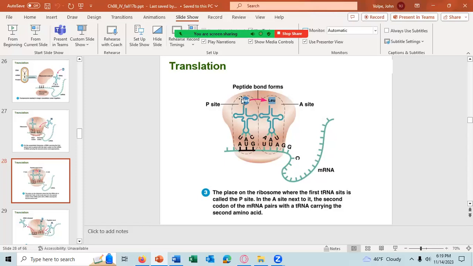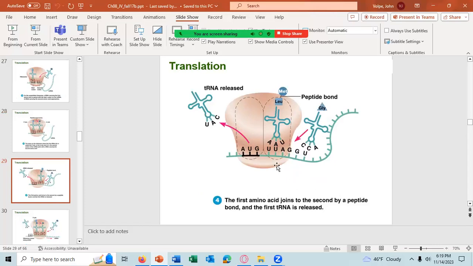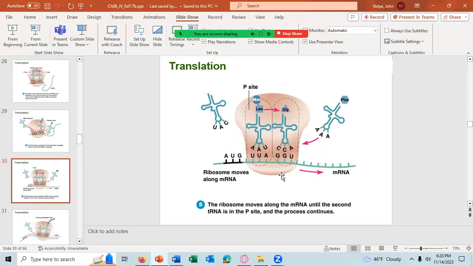All right. Once that methionine is taken off of that tRNA, the tRNA can then fall off the ribosome and the messenger RNA and then come out. And that will allow the ribosome to move down one codon. So this position will then move to that, and then this position will move to the third ribosome position, which is right here.